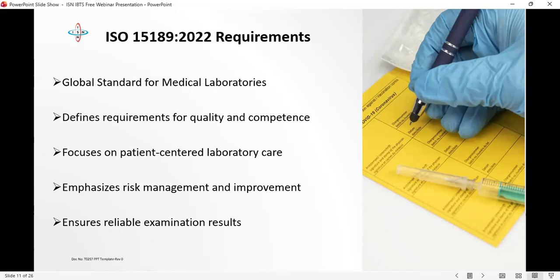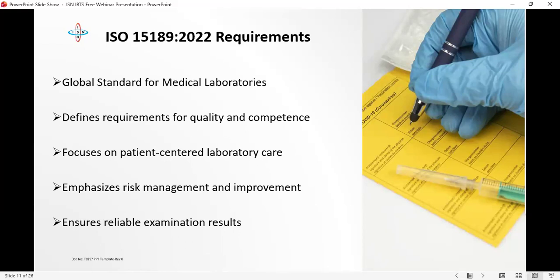As opposed to getting your lab ready for audit and being compliant, they have moved away from that to being patient-centered, risk averse, and risk preventing, so that results produced by laboratories do not cause harm to patients. All laboratories globally are governed by this standard.